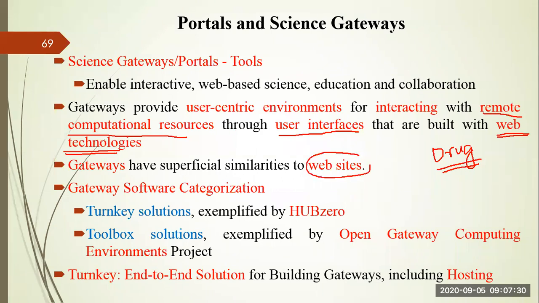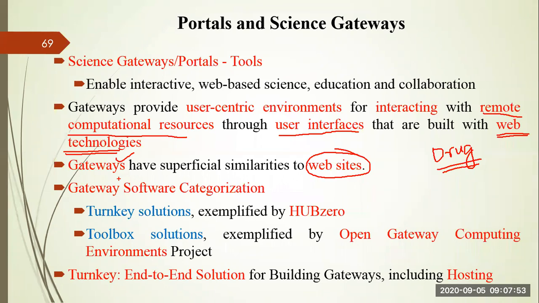Now the word gateway may be new to you, but whatever facilities are available in the gateways are more or less related to websites, right? You can browse a particular thing, you can request particular resources based upon your requirement, and that particular provider can provide you those resources, right?